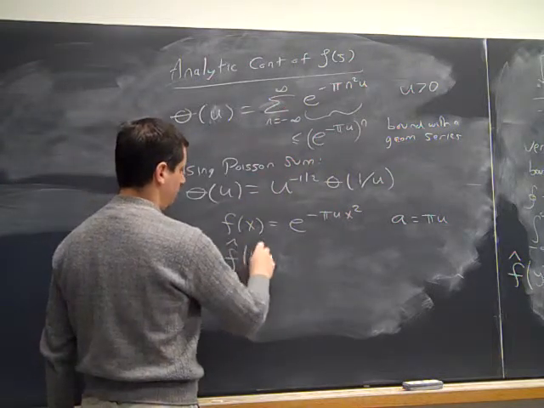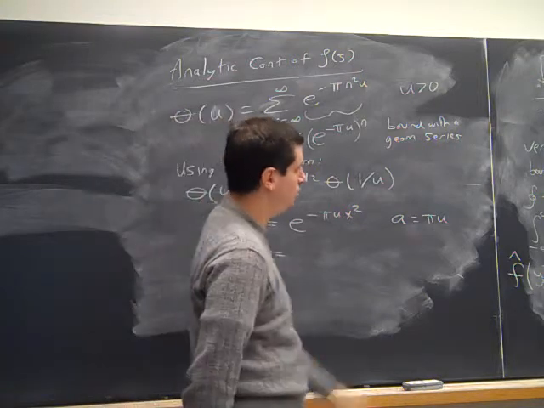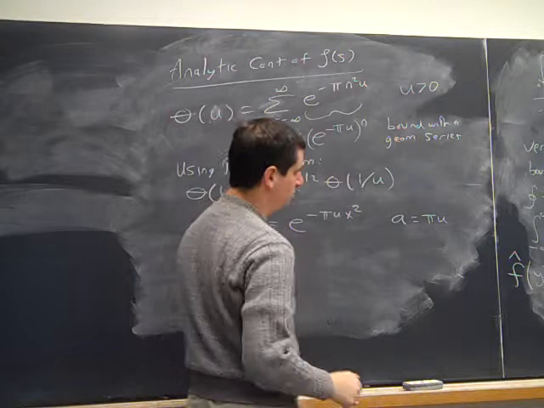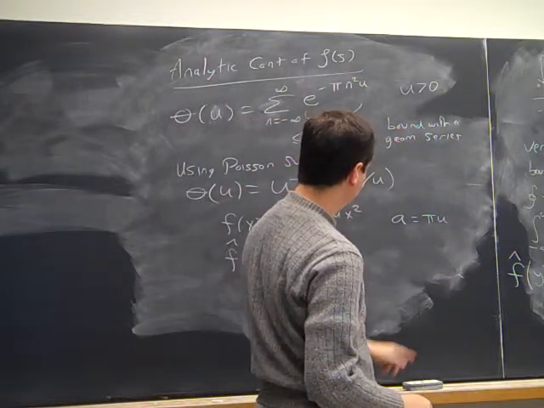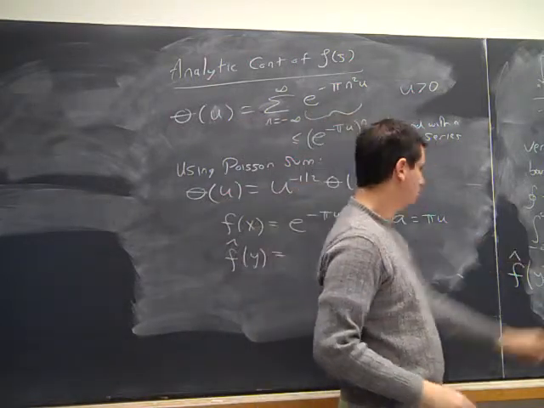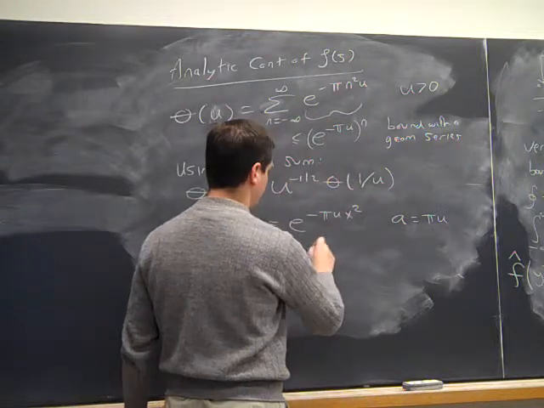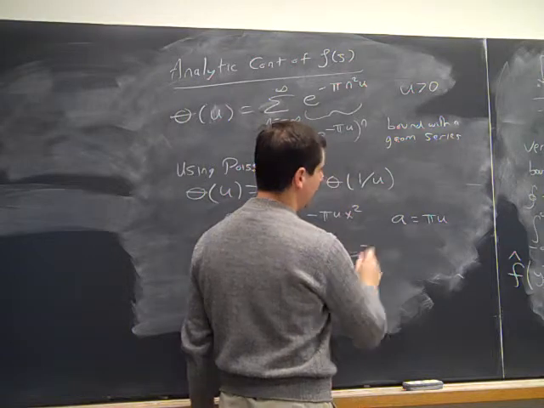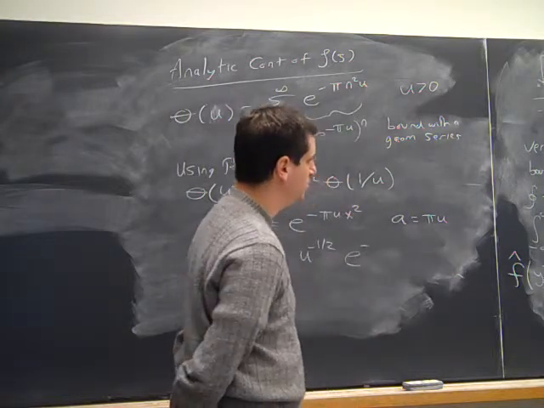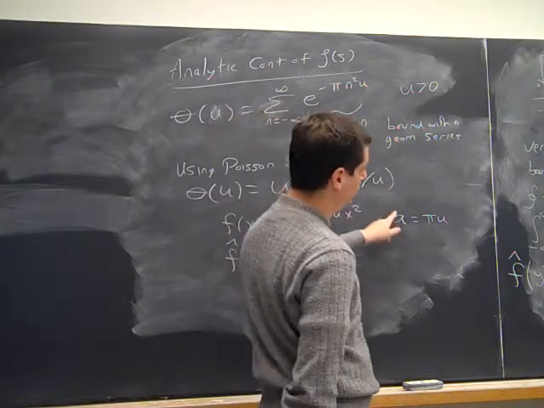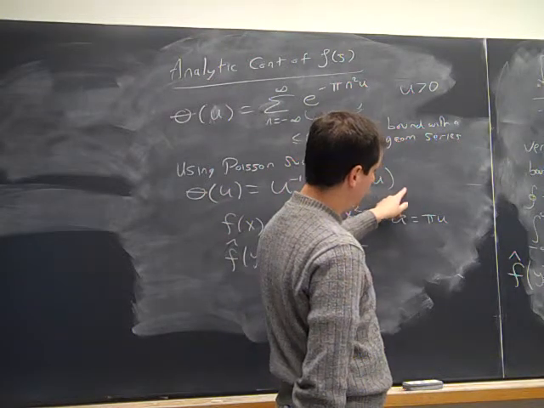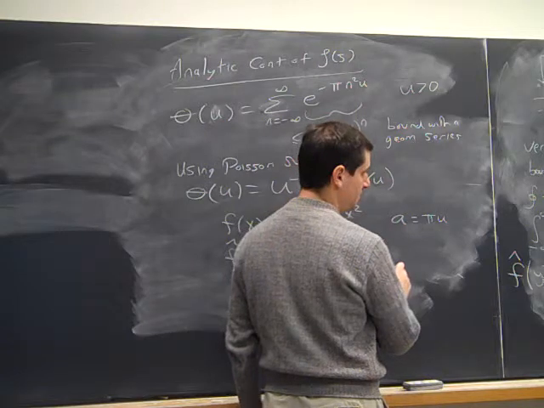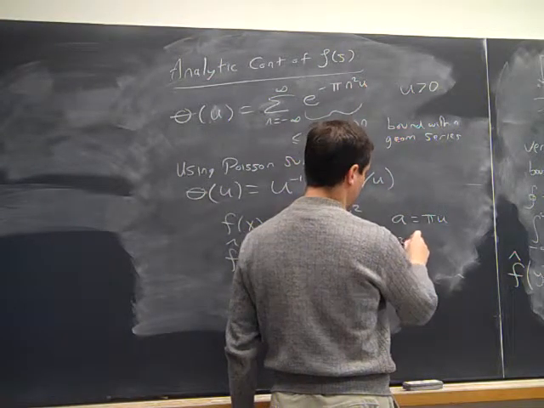F hat of y, we just showed, is going to be square root of pi over a. The pi's cancel, and we have a square root of u down below, so we get a u to the minus 1/2. And now we get e to the negative pi squared y squared over a. One of the pi's cancels, and we get negative pi y squared divided by u.